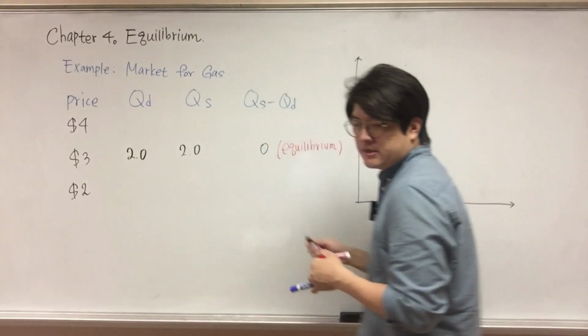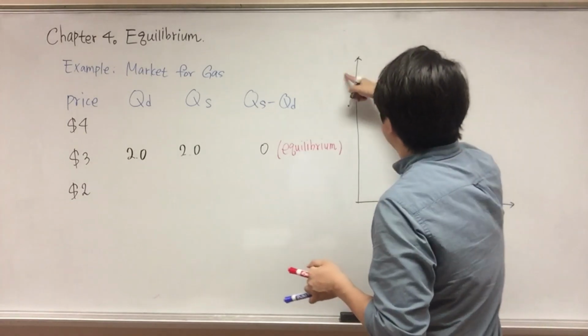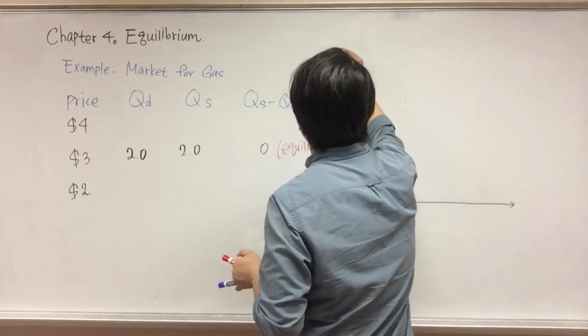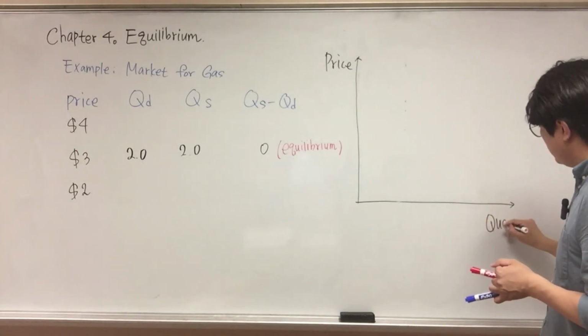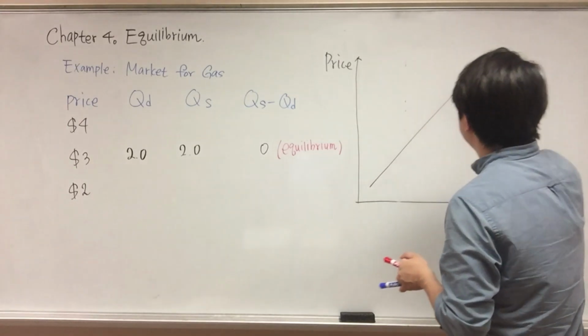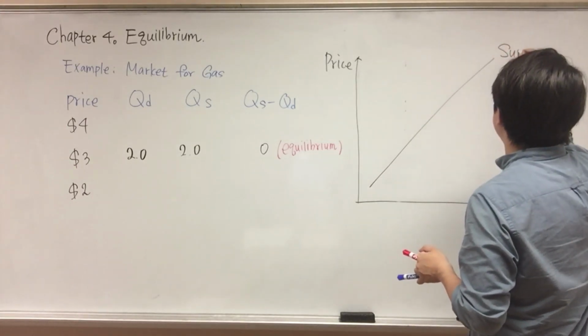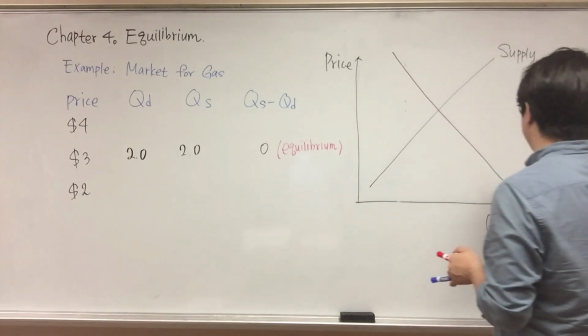On the graph, I can show it. The y-axis is price, and the x-axis will be quantity. The supply curve is upward sloping. The demand curve is downward sloping.